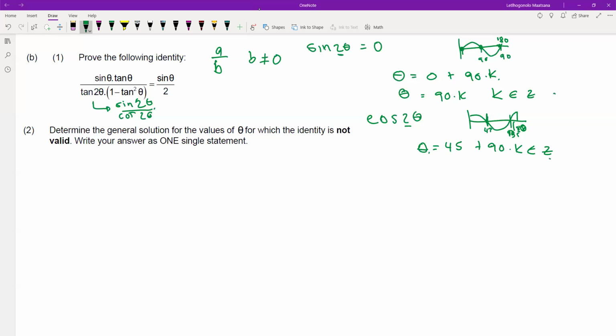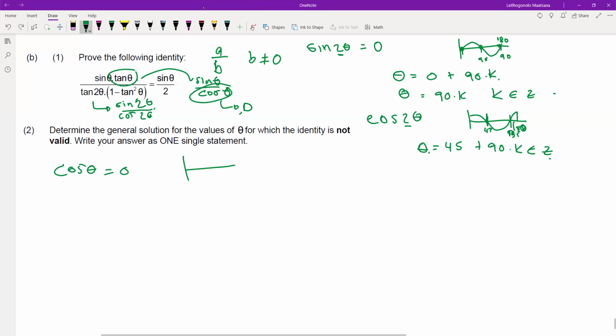Then what we want to look at is our tan over here. This tan can be expressed as sin theta over cos theta, where the cos is the only one that's going to be in our denominator. So if we look at our cos graph being equal to 0, let's look at our graph. Oh sorry, that's not how it looks.